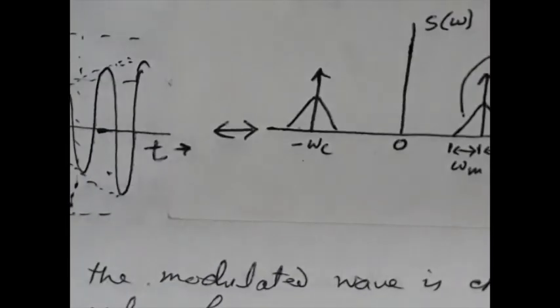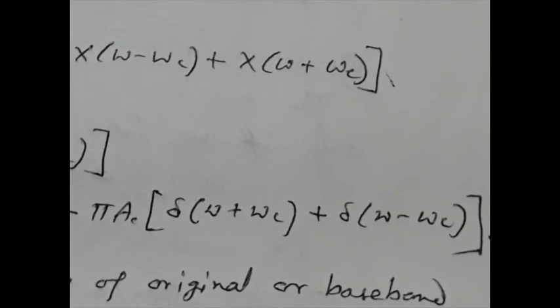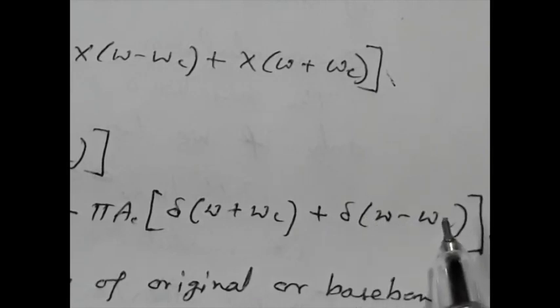This spectrum is actually this one. But along with this, there will be some other parts also. This one, the carrier part, Ac δ(ω + ωc), δ(ω − ωc).